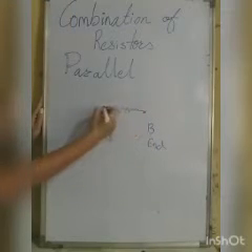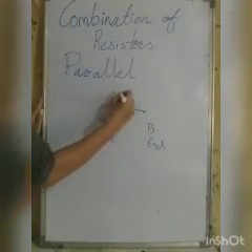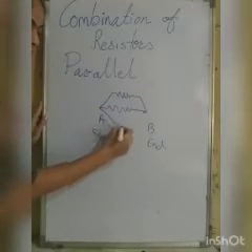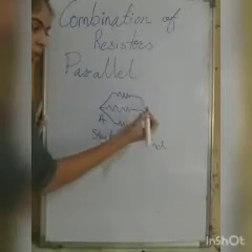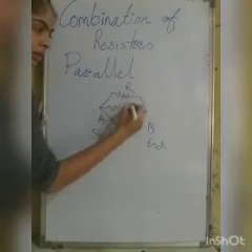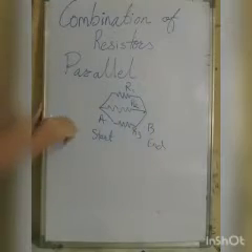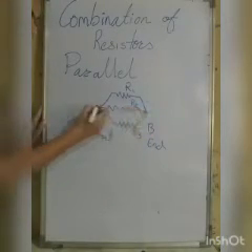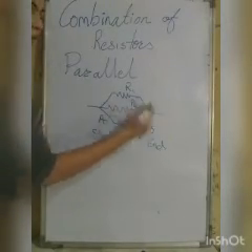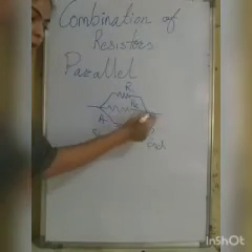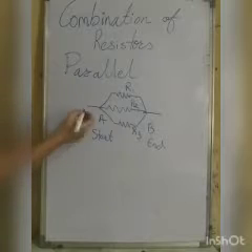So this is my resistor 1, this is my resistor 2, this is my resistor 3. In this way I have connected 3 resistors for now. Between point A and point B, my 3 resistors are connected. The start point and the end point is common.